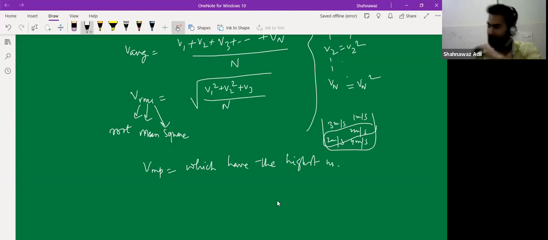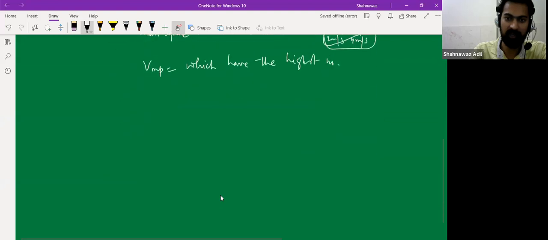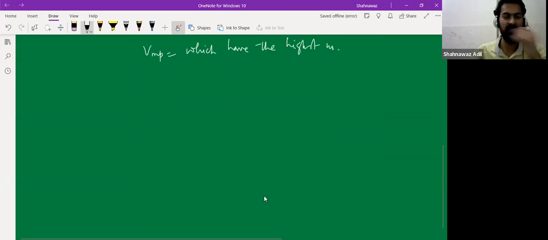Right, guys? So let's do one problem based on this. Did you understand the velocity is associated with the gas in a container? Did you understand this part? Yes, sir.